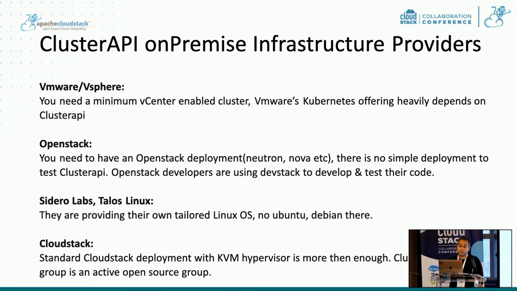For VMware, Cluster API is directly their main ship to deploy Kubernetes clusters. So they are heavily involved in the Cluster API ecosystem. They deliver Kubernetes clusters using Cluster API. But the problem is you need to have a vCenter license, other things, lots of nodes. So to test or go forward, it is not easy.